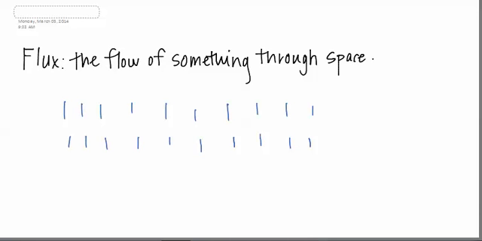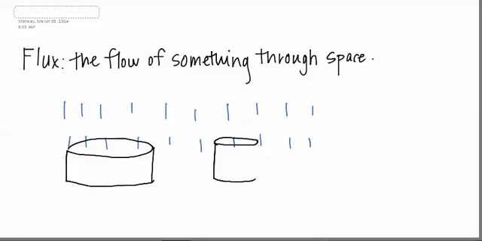Now if I have a bucket set up here to catch these raindrops. So I have bucket 1 and bucket 2. What's noticeably different about my two containers?